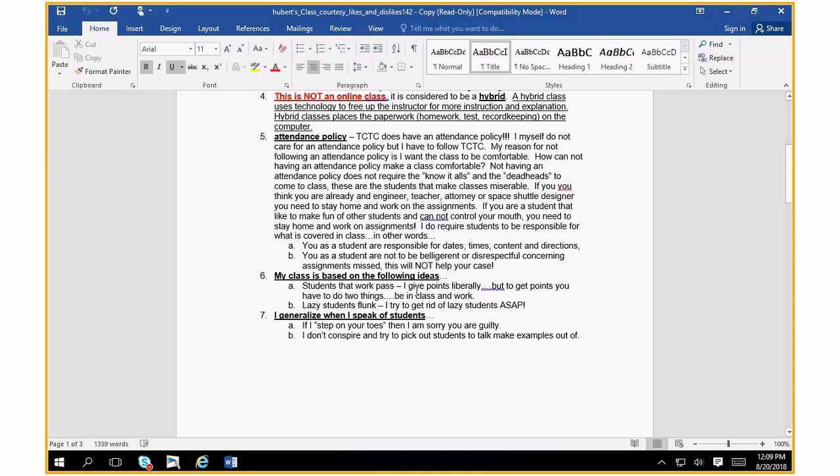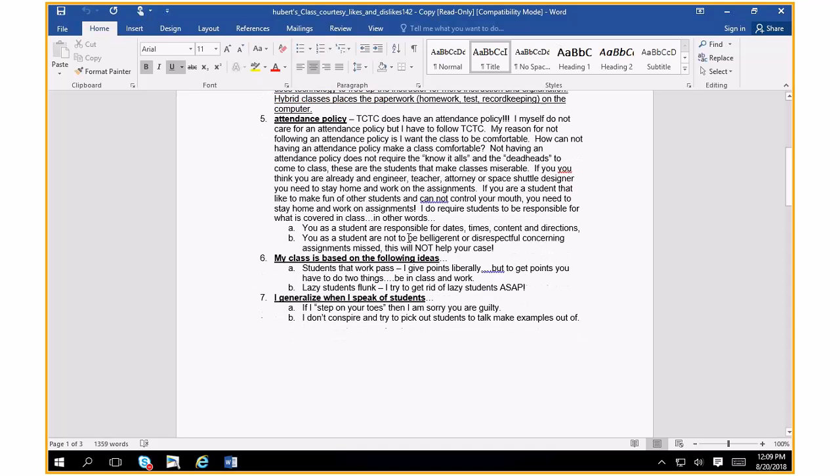You don't work, you flunk. If you don't turn in assignments, you don't get the credit. If you don't do the work, you get fired. If you don't do the work, you get written up. Simple as that. I do not believe in grade redistribution or the curve. I don't believe in the ones that study helping the ones that don't. I don't believe in that. Any which way you go, I don't believe in it.